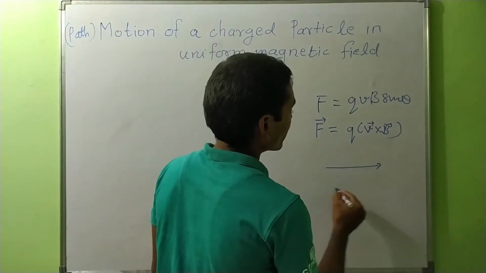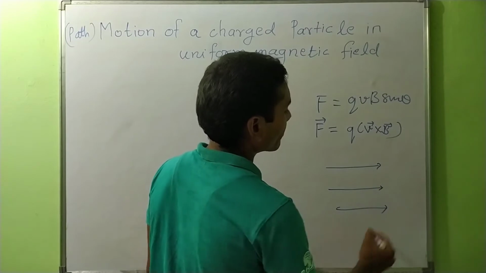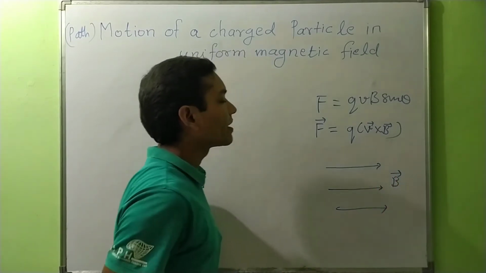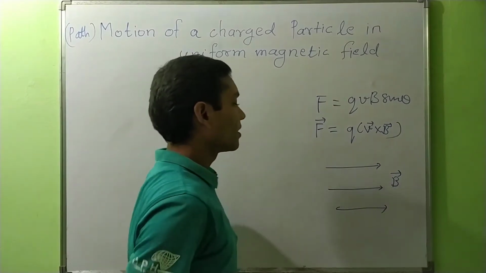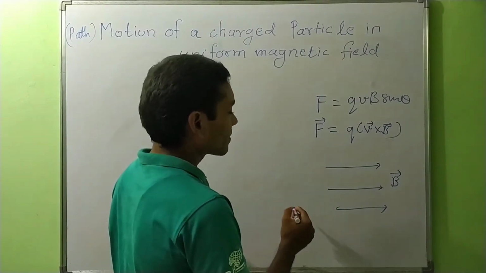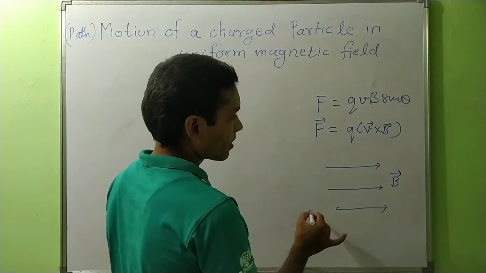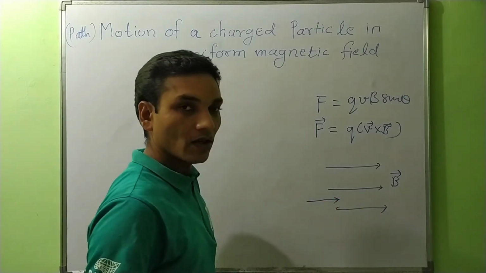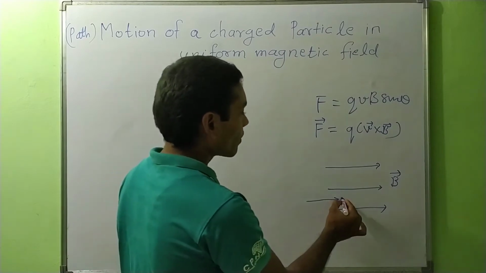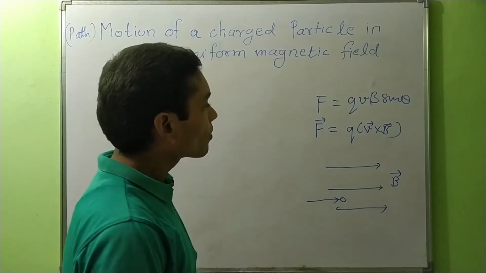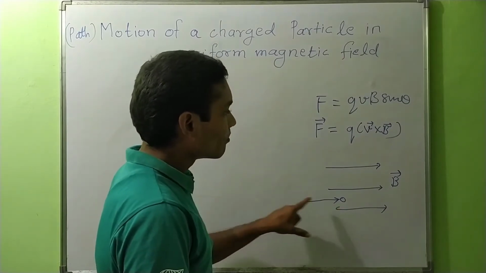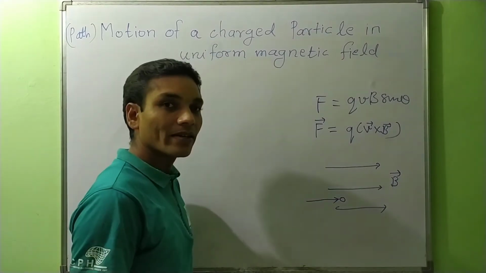Let this be the uniform magnetic field, and the direction of this uniform magnetic field is left to right. If the charged particle enters this magnetic field along this direction, what will be the force acting on the charged particle moving in this magnetic field?